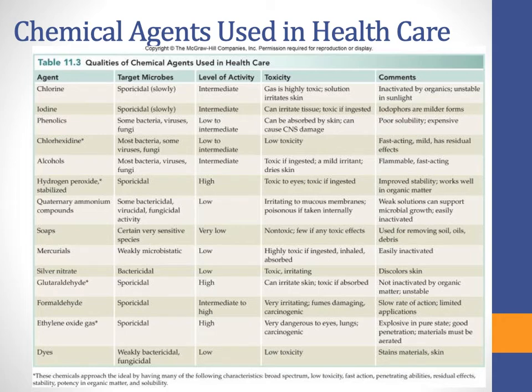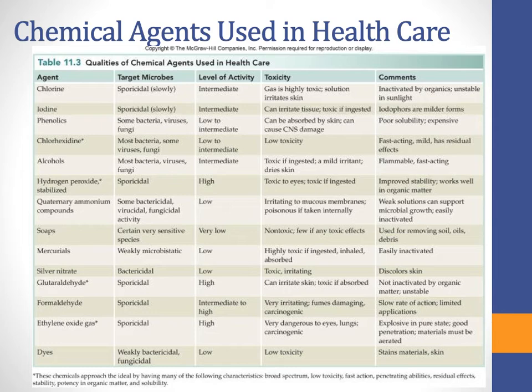Okay, and again, how clean something has to be in a doctor's office versus a surgical wing is very different. And so we want to keep in mind that in the surgical wing, we might want something that's sporicidal, but in the doctor's office, something a little weaker on the scale, something that has some activity, that's partially bactericidal might be sufficient.